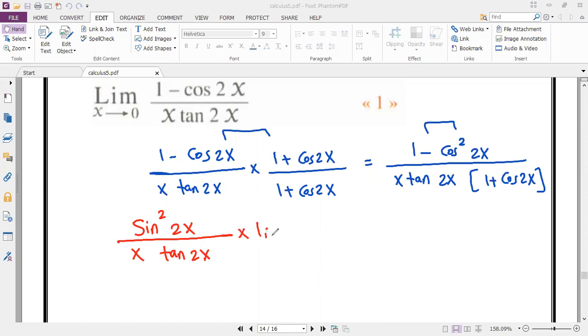Multiplied by the limit of 1 over 1 plus cosine 2x. This one here, I have sine squared 2x.